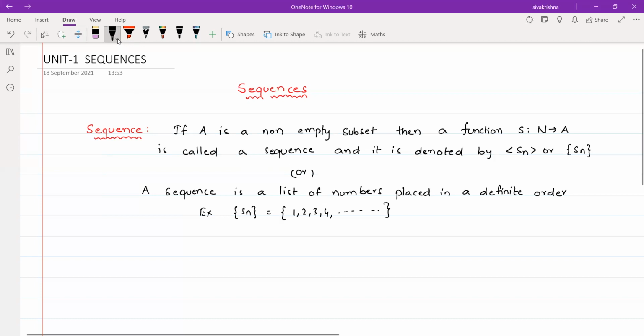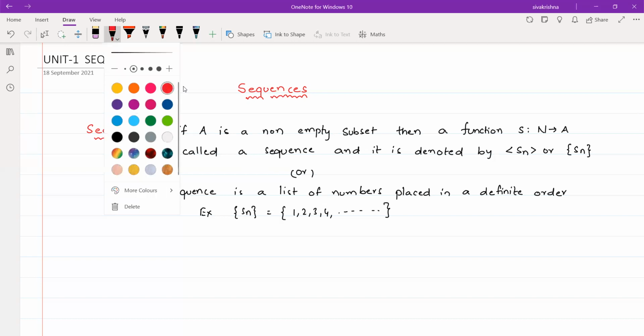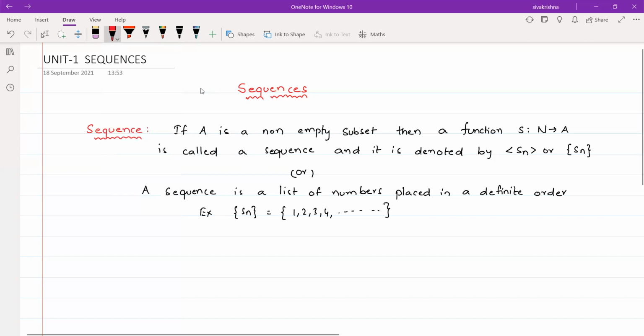Okay, so next point, that is what I'm going to discuss. So methods of representing a sequence.